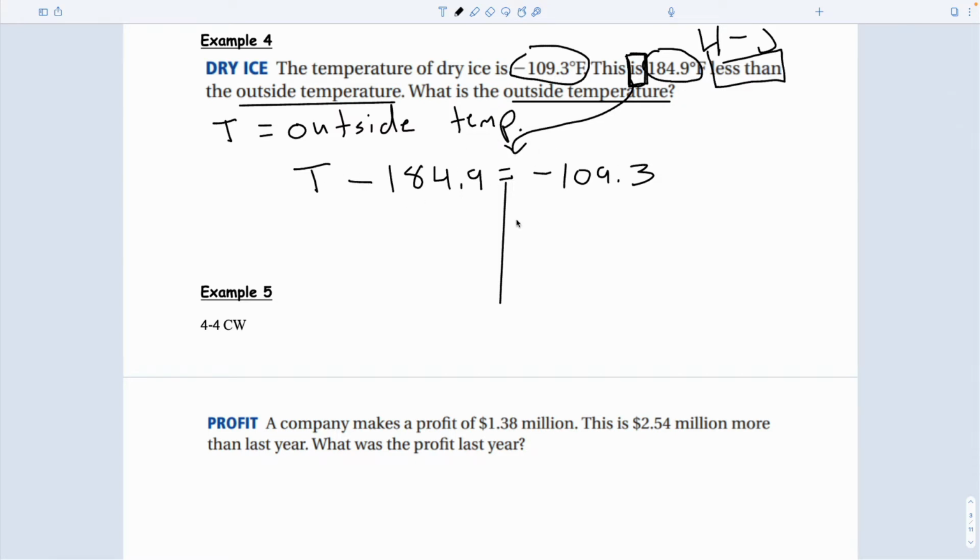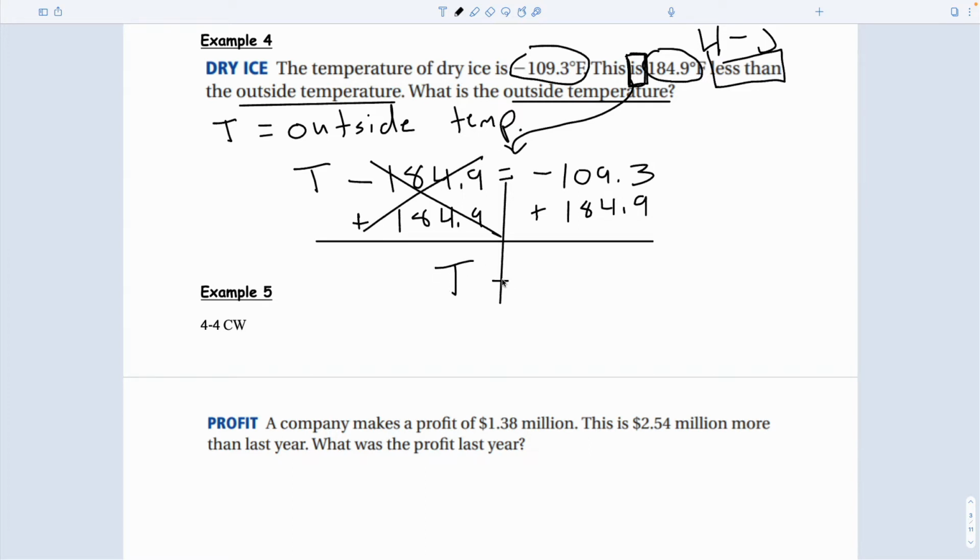What do I do to both sides to get T to isolate? Sierra. Let's show some scratch work on the side.